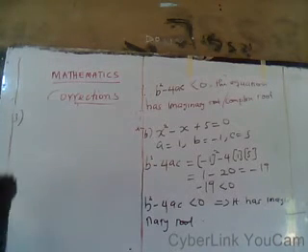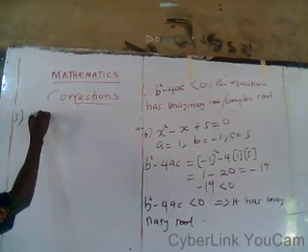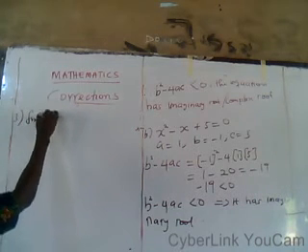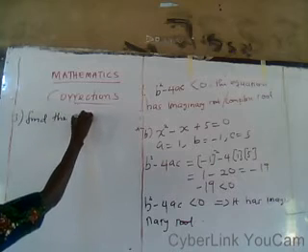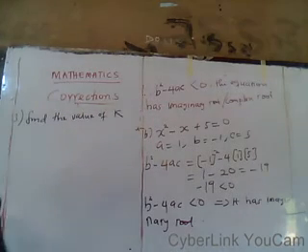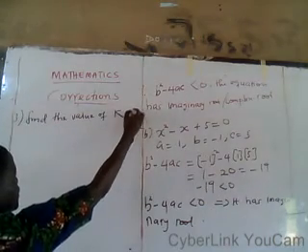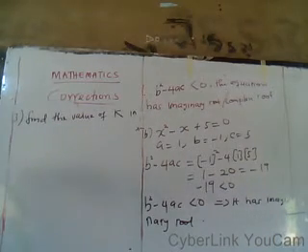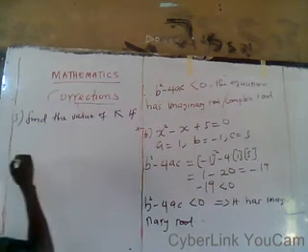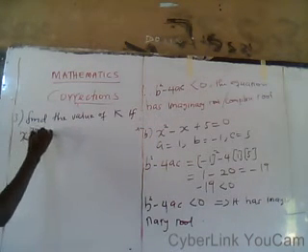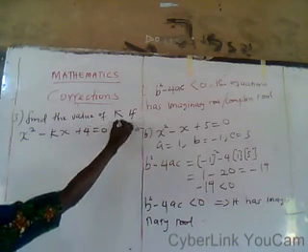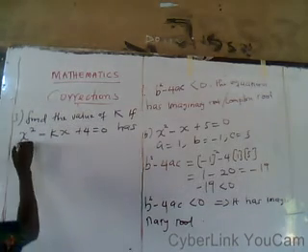I think number 3 is, find the value of k such that x squared minus kx plus 4 equal to 0 has equal root.